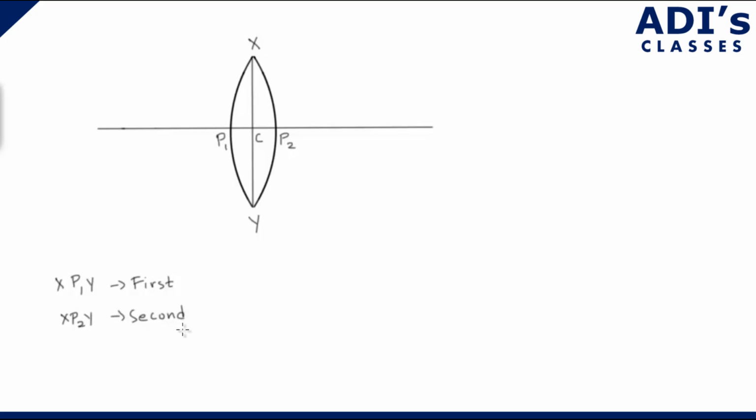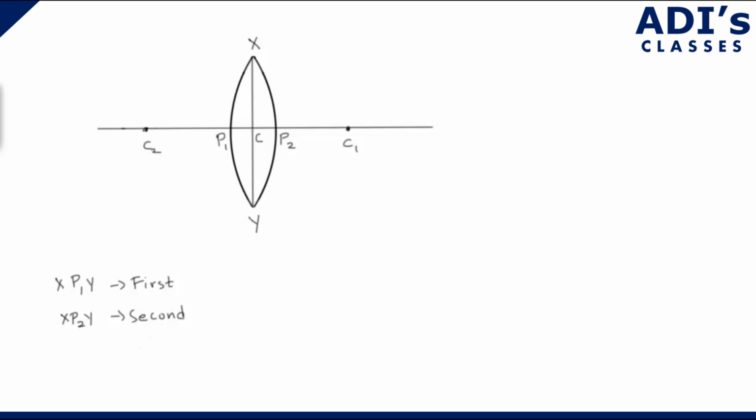These two surfaces play a very important part in this formula. Since we have two surfaces, obviously there will be two radii of curvature. Since x P1 y is the first surface, a point somewhere here, let's say c1, will be the center of curvature for the first surface. Similarly, here we'll have c2, the second one.